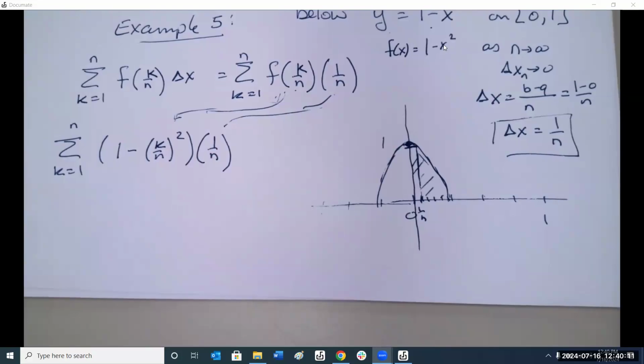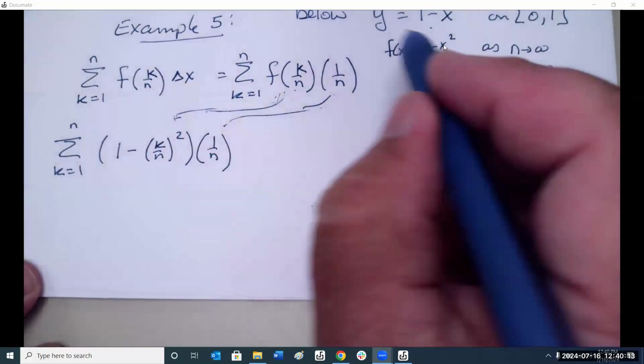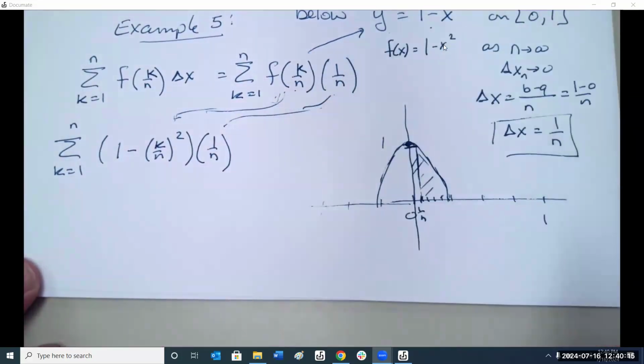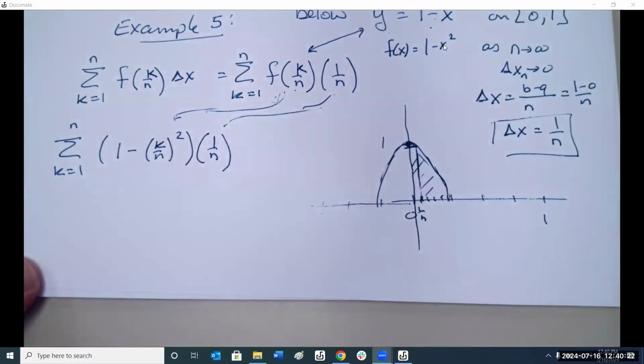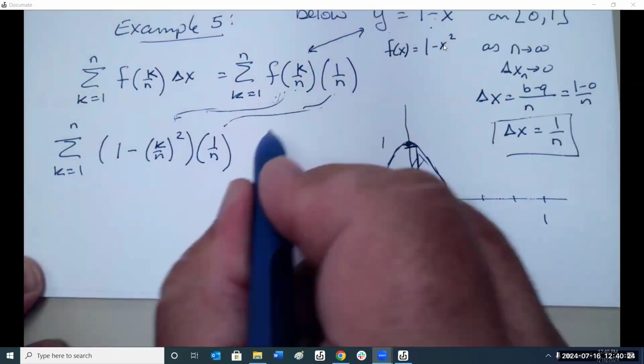So far, so good. So we have 1 minus k over n squared. Distribute that inside there.